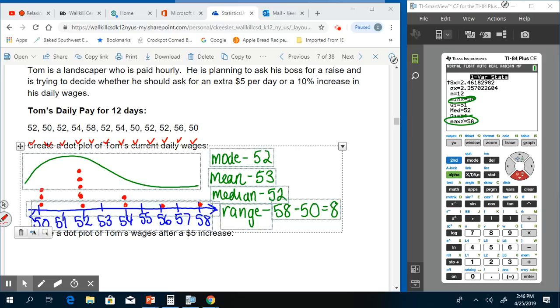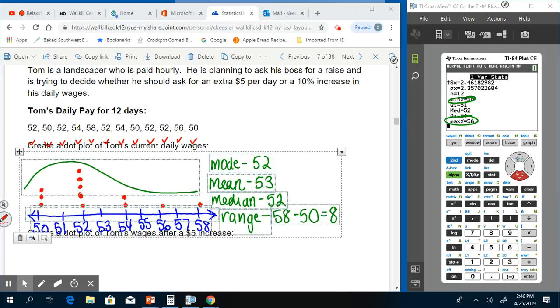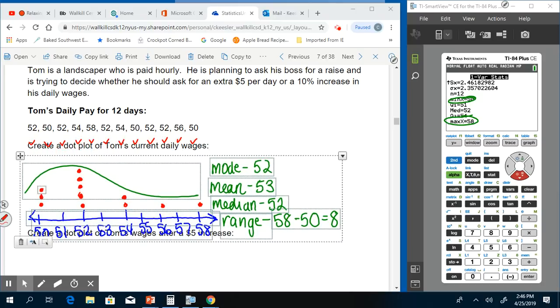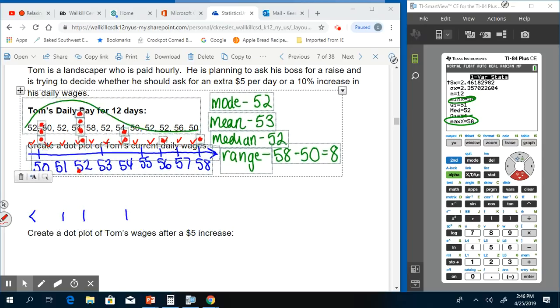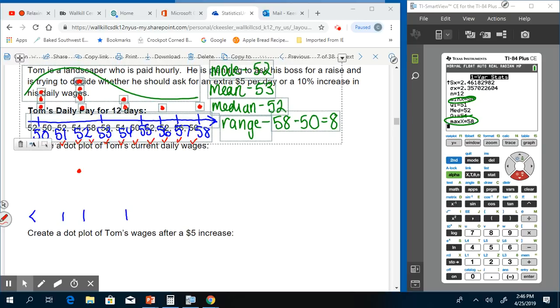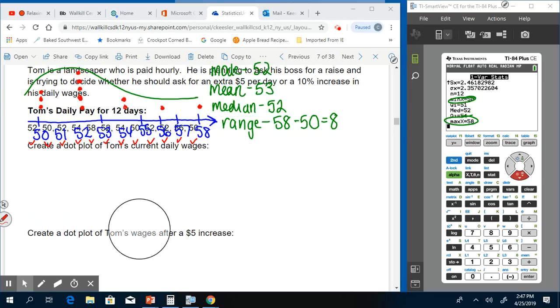It didn't move it all up. Just so we can use it when we're looking at our next set of data.